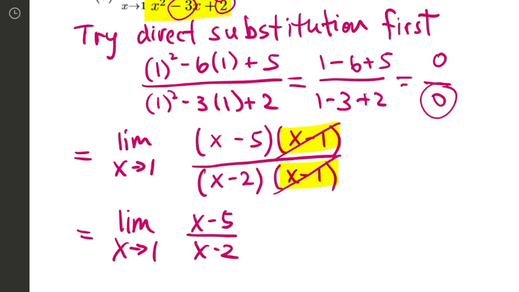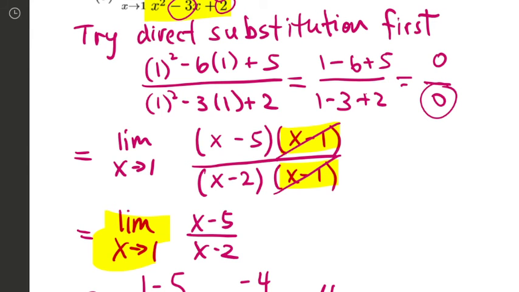Again, I'm keeping the limit notation here because I haven't substituted x yet. But now when I substitute this x, I don't need the limit notation anymore. I'm just going to write 1 minus 5 over 1 minus 2, and that equals -4 over -1, which is equal to 4. So my limit as x approaches the value of 1 is equal to +4.